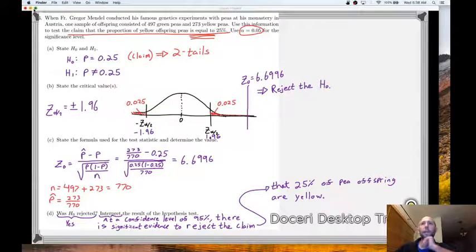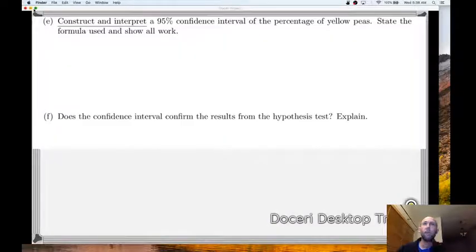Next, let's go through and see how the confidence interval compares to this result. Based off our hypothesis test here, it appears that Mendel is wrong. So next we want to take a look at a 95% confidence interval for this situation.